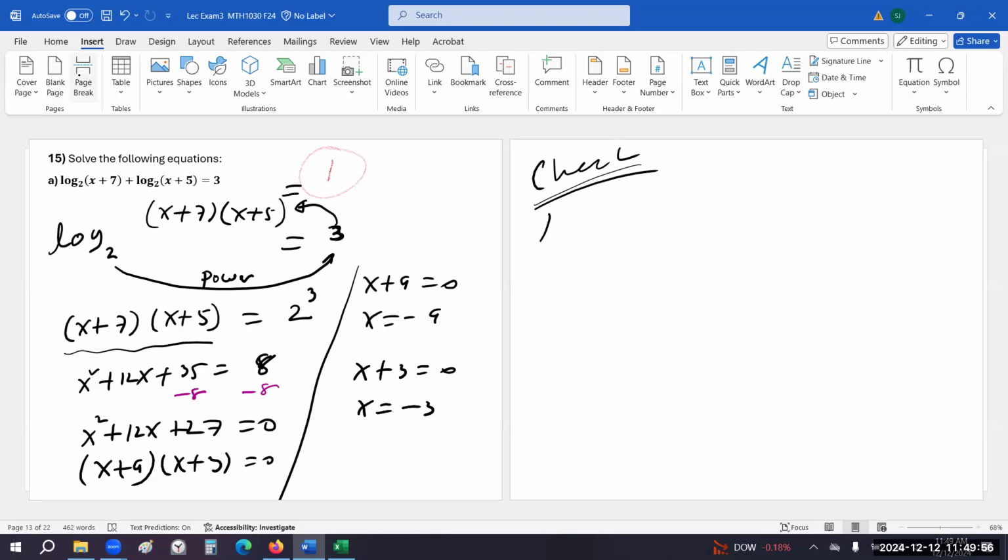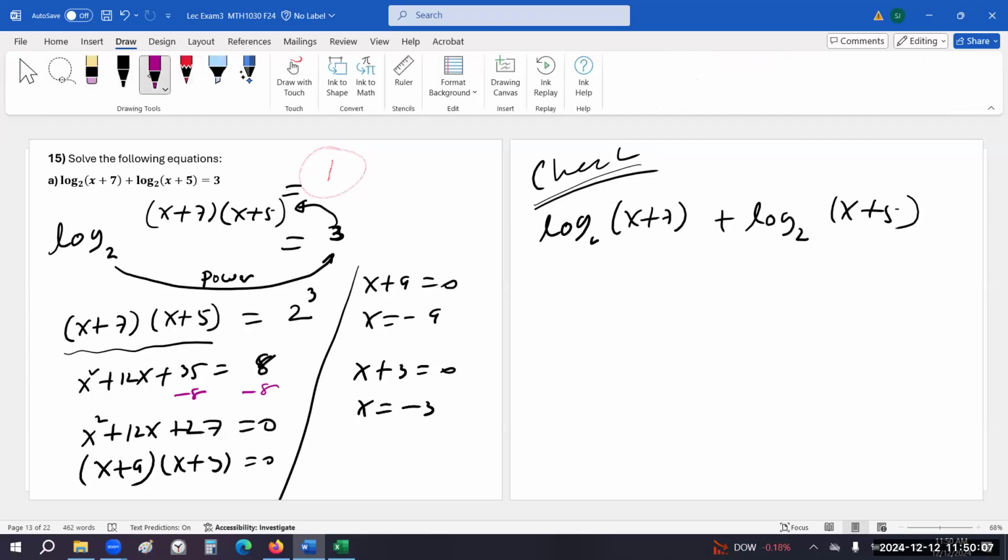So log base 2 of x plus 7 and log base 2 of x plus 5. I just put both numbers in, and if any of the numbers you put in parentheses get negative, it's wrong. Our first number is -9. So it's -9 plus 7 gives you -2. So you cannot take -9. Log cannot have 0 or negative.